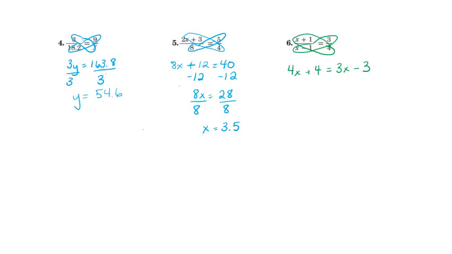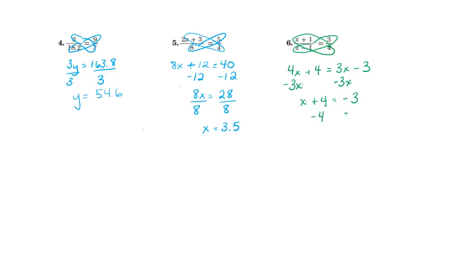Again, I have a variable on both sides, so I'm going to take away the variable there, and I get x plus 4. 4 minus 3 is 1, so I have 1x. And then these 3 cancel, and I get minus 3.